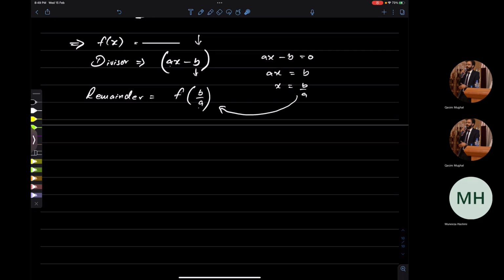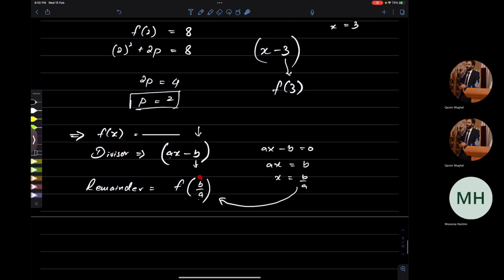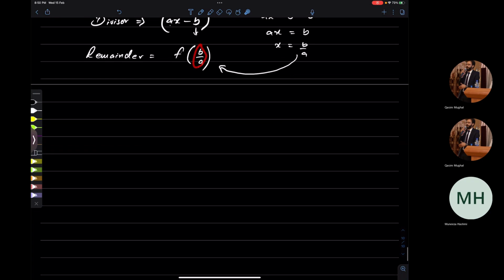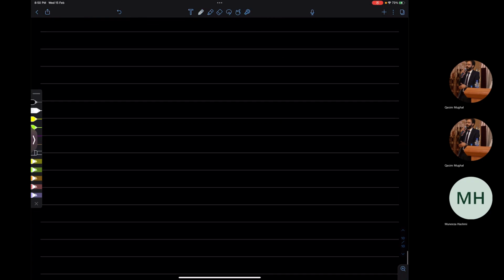We're still looking at the process to evaluate the polynomial at the value of x that makes ax minus b, or whatever, equal to 0. It's not necessarily an integer. It can be a fraction, it can be a decimal. It doesn't have to be an integer all the time.